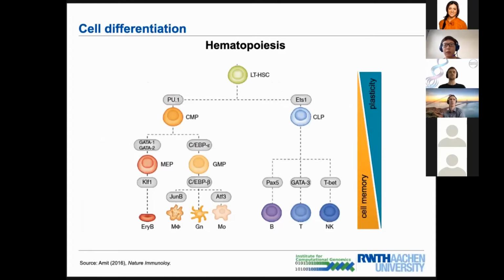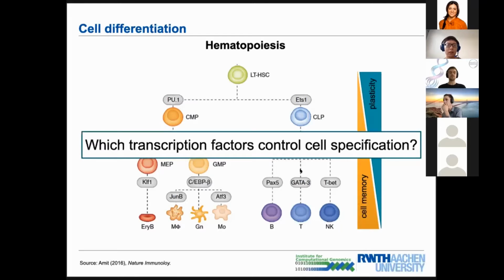For example, the differentiation from CLP to T cell is controlled by GATA3, as you can see here. Now the question is, given any cell differentiation model, can we figure out which factors control cell specification?